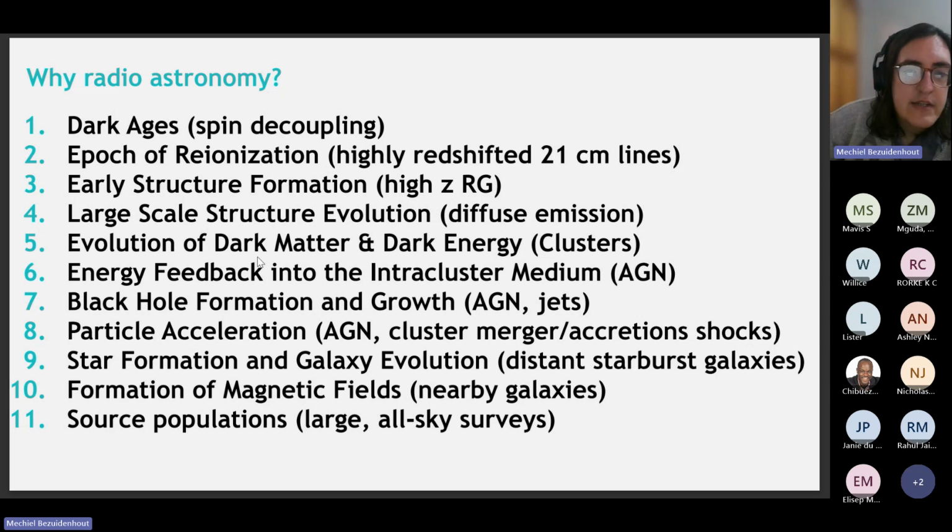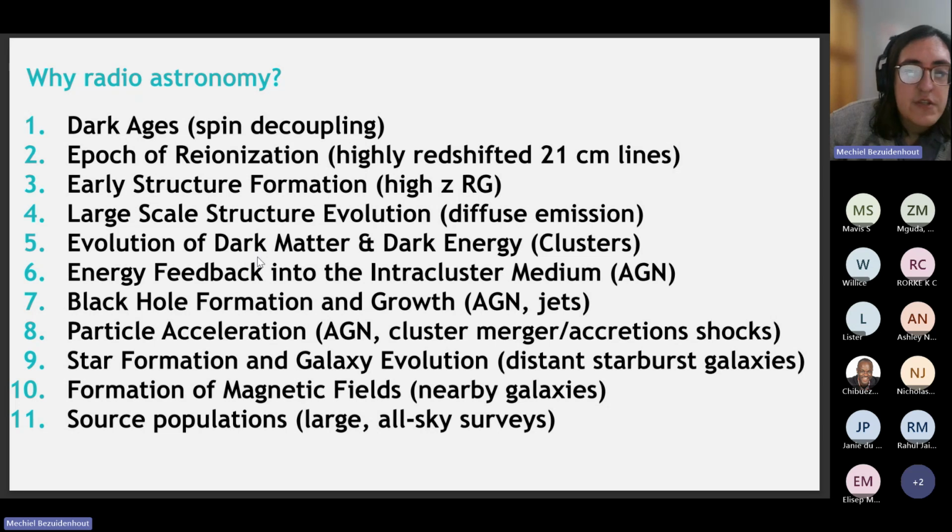AGN, looking at active galactic nuclei, can tell us something about how energy gets injected into the intracluster medium. It can also tell you a bit about how black holes are formed and how they grow. We can study the accelerations of particles to relativistic speeds by studying AGN and merger and accretion shocks of clusters.